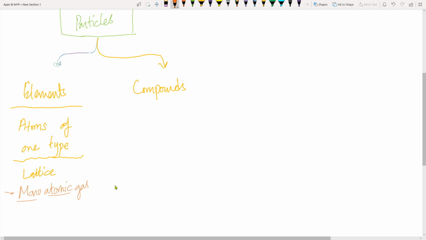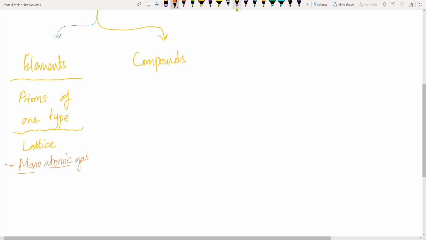Finally, we also have what we call diatomic gases. If the word is monatomic, then definitely there has to be something related to the count. So diatomic gases and more are there. In general, all of these, diatomic and more, we call molecular gases.